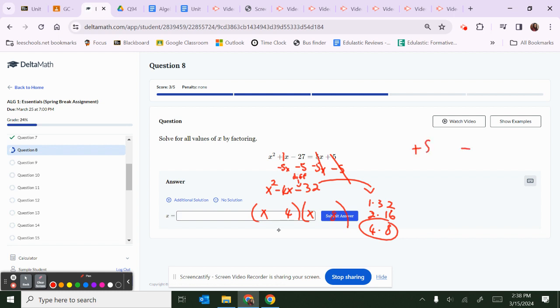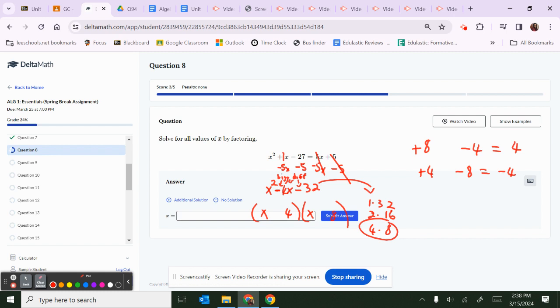If your 8 was positive and your 4 was negative, 8 take away 4 is positive 4. But what do we need? We need a negative 4. So if I had a positive 4 and a negative 8, 4 take away 8 is indeed negative 4. What other hint you could use is that the bigger number has this sign.